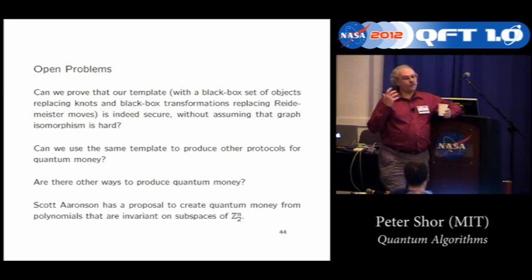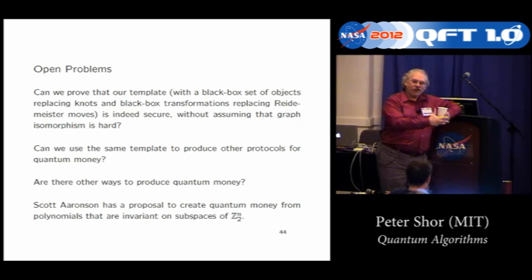In other words, if you have a procedure that just tells whether two graphs are equal, you can use it as a subroutine and design an algorithm that actually gives you the permutation that maps one to the other.